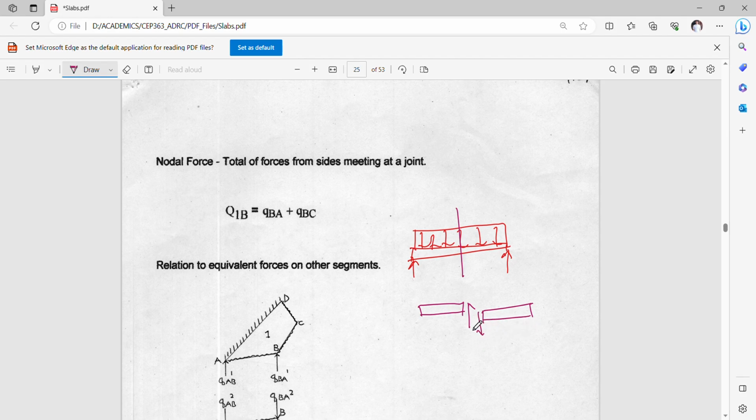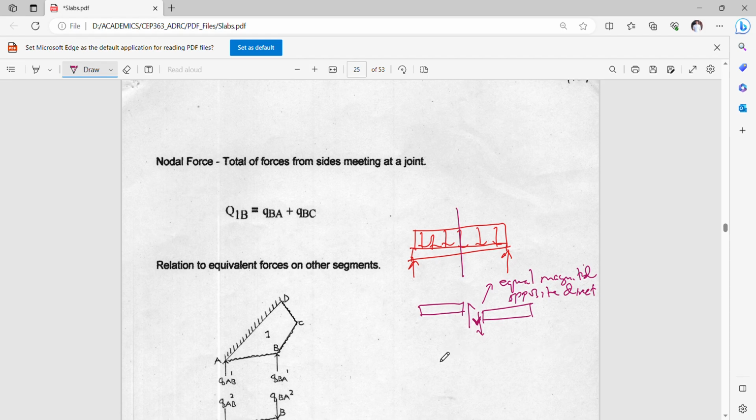So this shear V here will be of equal magnitude but with opposite direction.